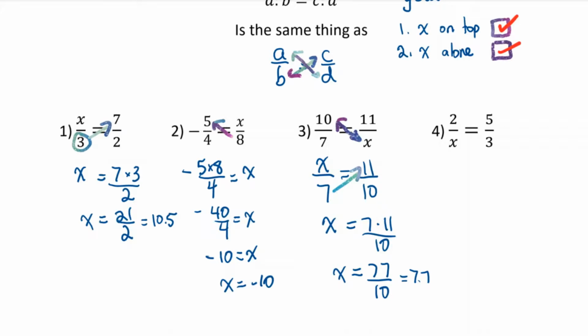All right, finally, last one. We need to once again get x on top. So let's move x up. At the same time, let's move 5 down. So x is now slid up here, 5 is down here, and I'm going to take one more step in the same moment.